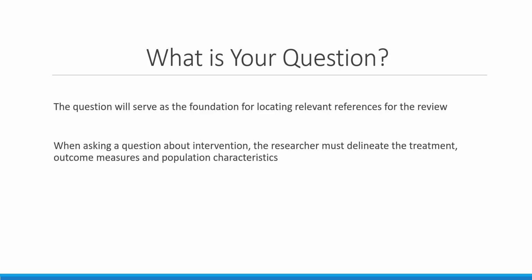What's your O? What are those outcome measure or measures that you're interested in? And finally, what is your population characteristics? Is it something that is general or do you need to be specific, looking at a particular gender, a particular age range, a particular race or ethnic group?